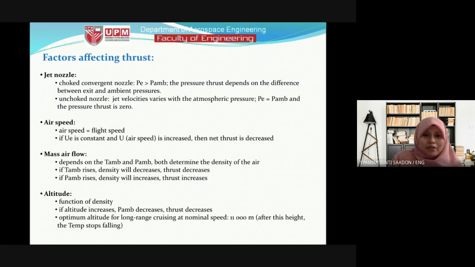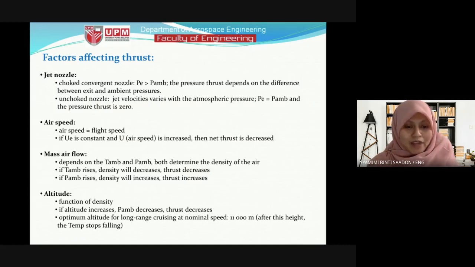That is the normal phenomenon, because normally solids, which have high density, are at the bottom, and gas, which is normally hotter and lower in density, will be above. So if we increase the temperature, density will decrease, and at the same time the thrust will decrease.